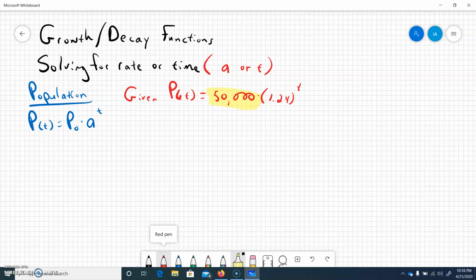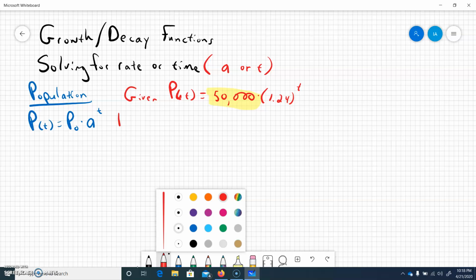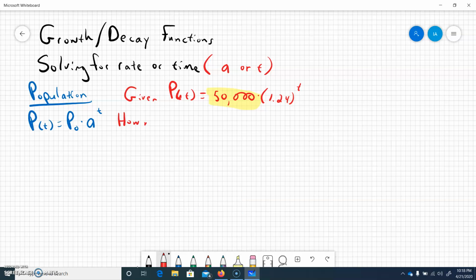We're going to ask ourselves, how many years will it take the population to triple?